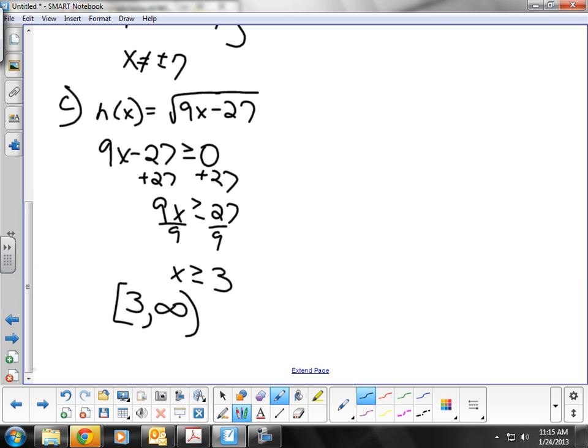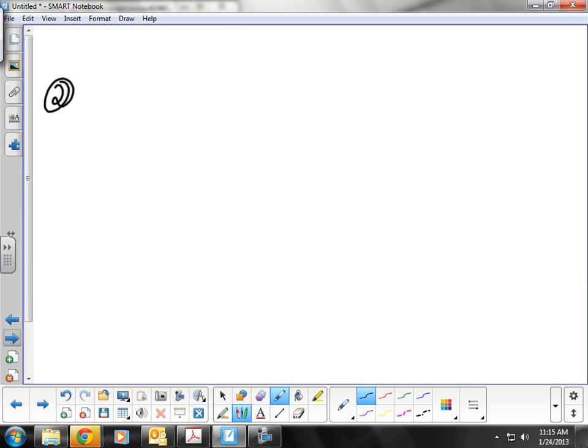The next objective talks about the algebra of functions. So just like numbers, I can add functions, I can subtract functions from each other, I can multiply functions together, and I can divide functions. And the box on the bottom of page 222 gives you all those rules.